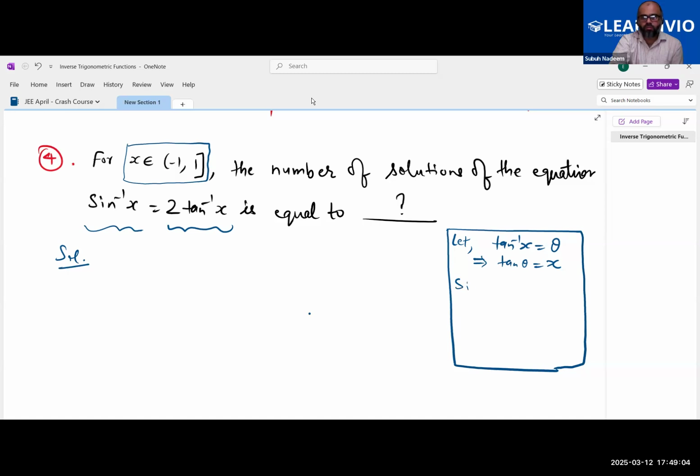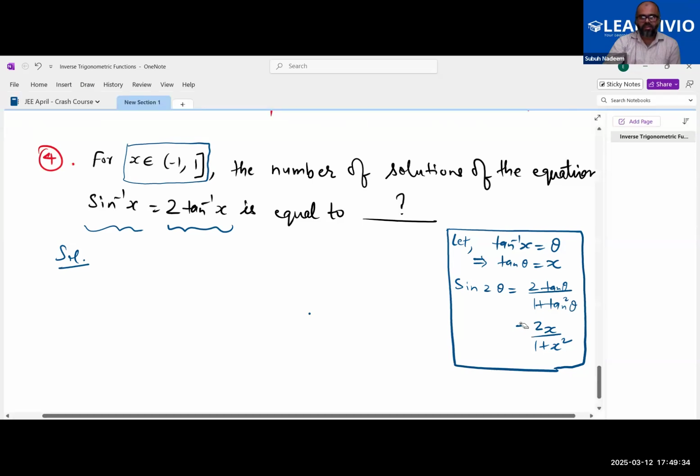If we talk about finding sine 2 theta first, this is 2 tan theta by 1 plus tan square theta. If you remember this simple trigonometric formula, it will become 2 tan theta is x and this is 1 plus x square here. So sine 2 theta is 2x by 1 plus x square.